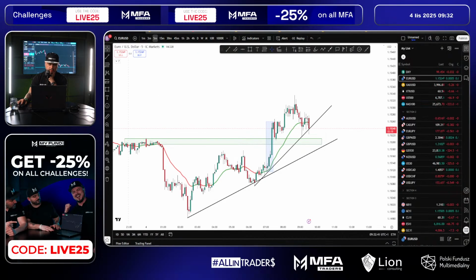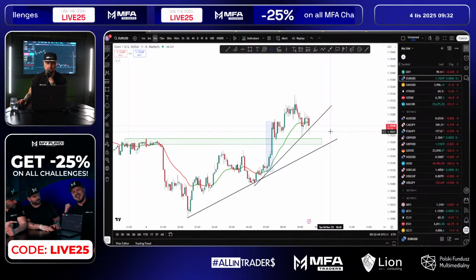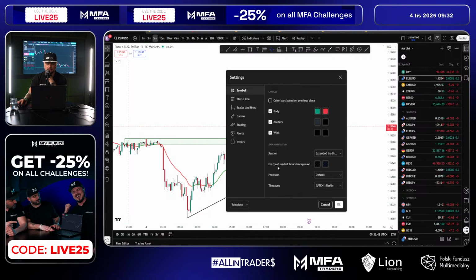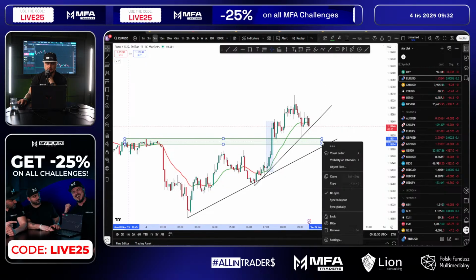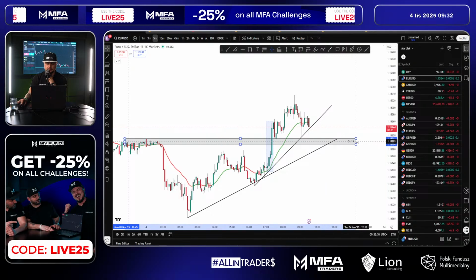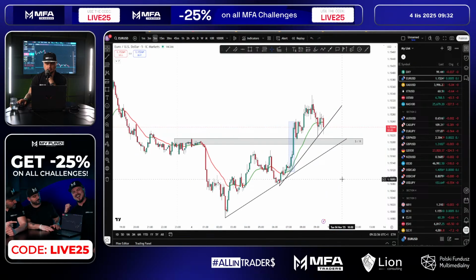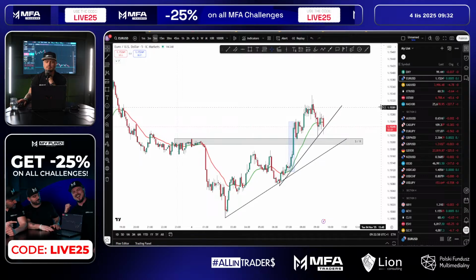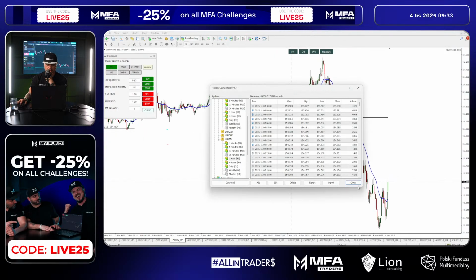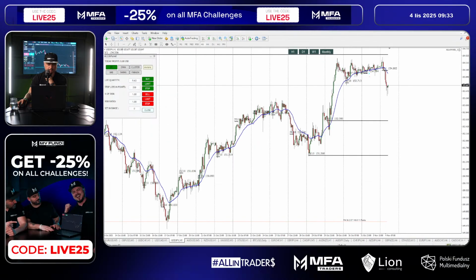Still a few more minutes. Okay, so this is gonna be our support resistance zone. Good. Okay, I think we got it.